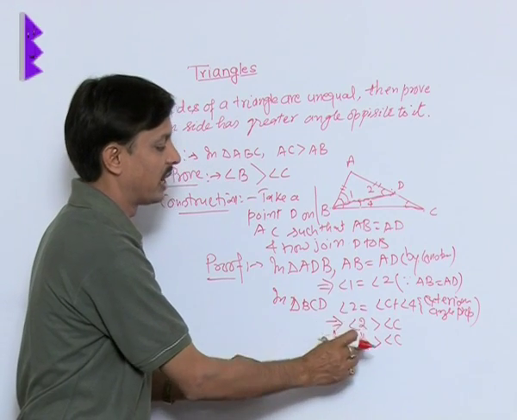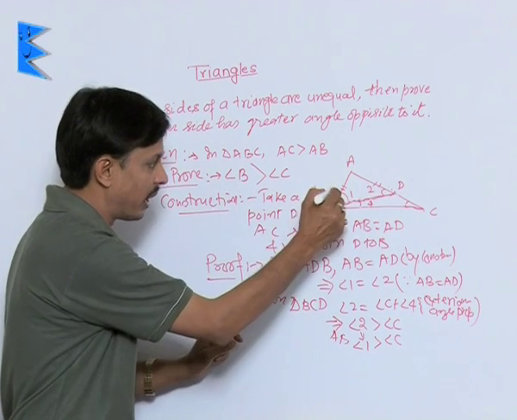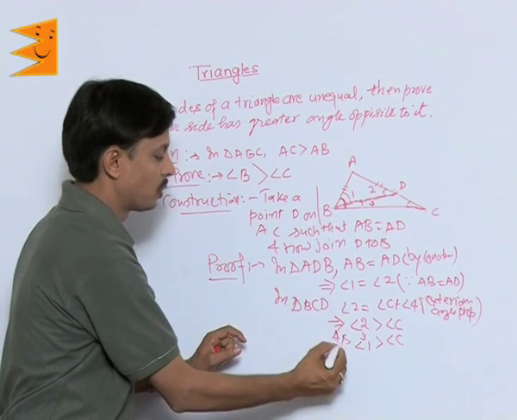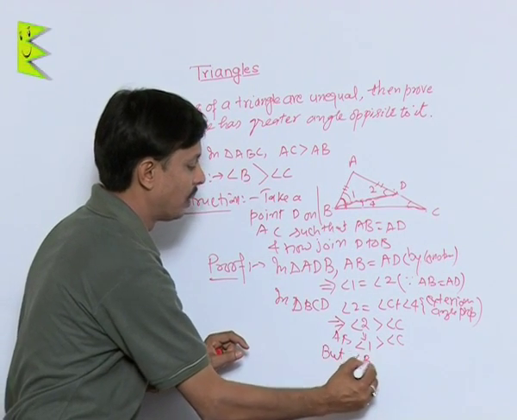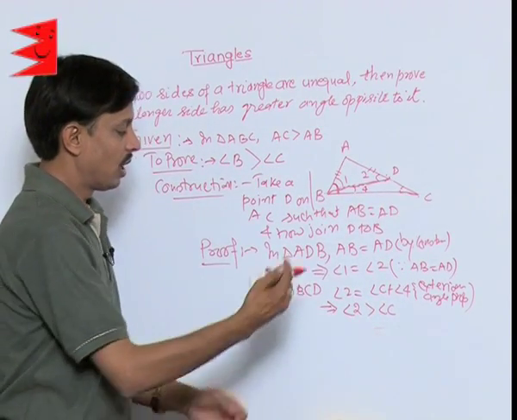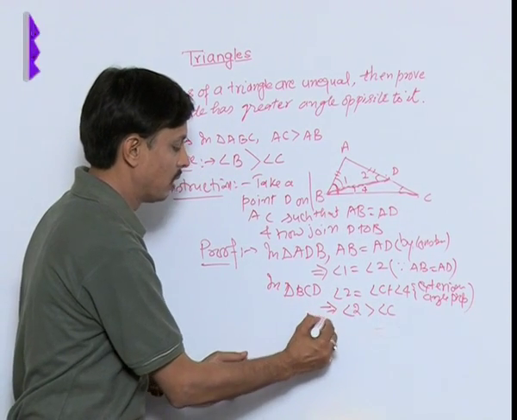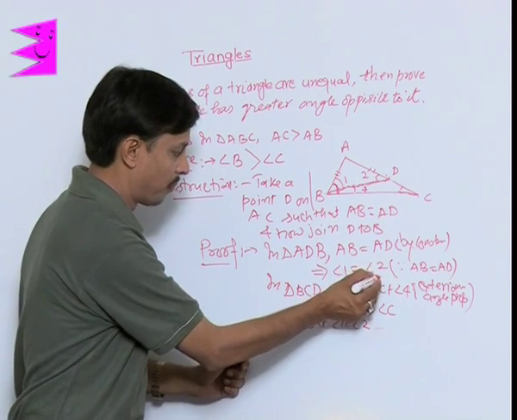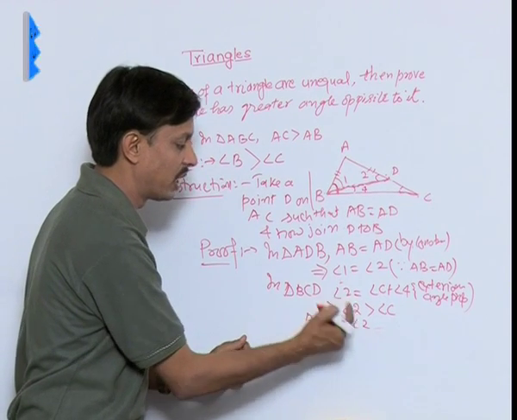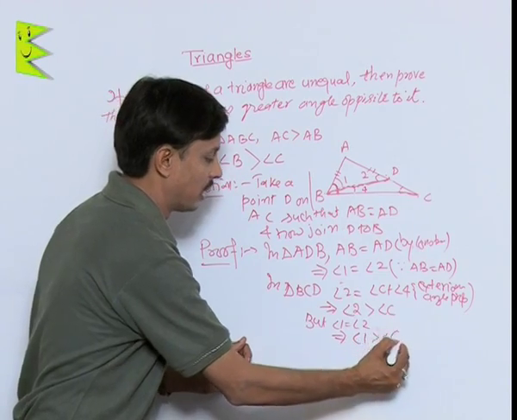Now angle 2 and 1 are equal, so 2 is greater than C means 1 is greater than C. In place of 2 we can write 1. So this implies angle 1 is greater than angle C.